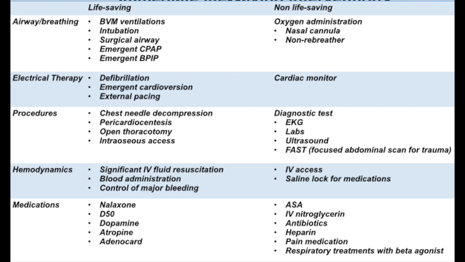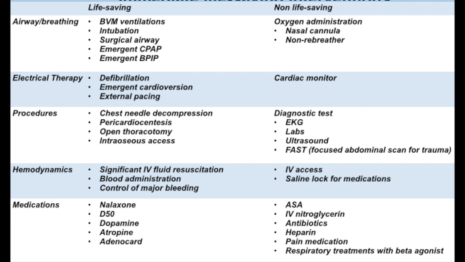Putting somebody on the cardiac monitor gives us a lot of information as to what's happening, but the actual act of putting a person on the cardiac monitor cannot save their life. Doing an EKG, lab work, ultrasound, focused abdominal scan for trauma, again, gives us information to help us diagnose, but does not have any life-saving capability.